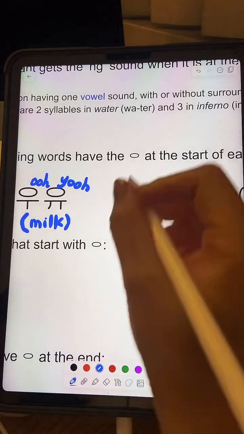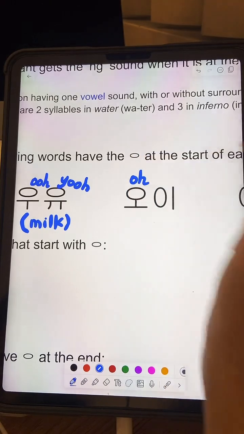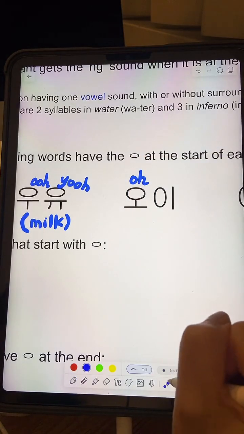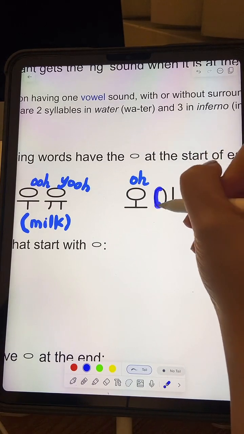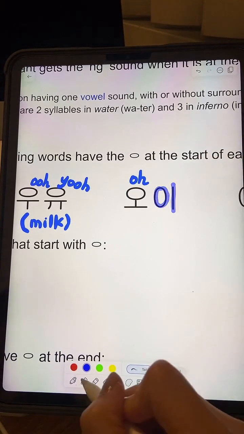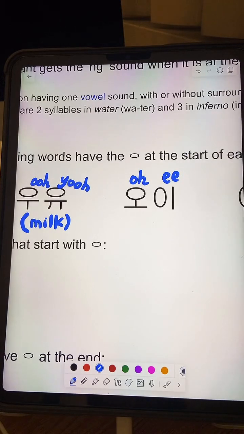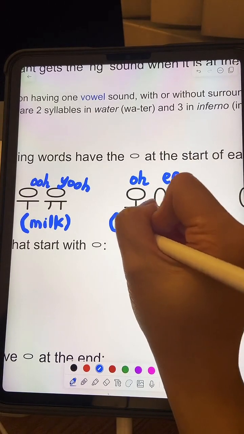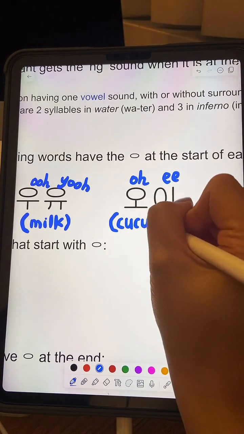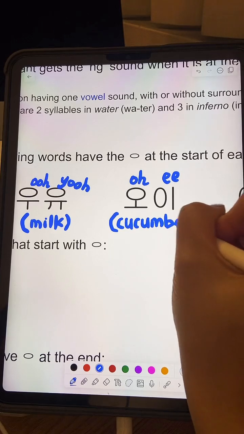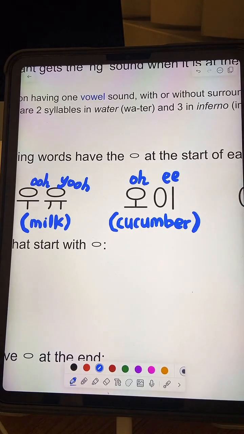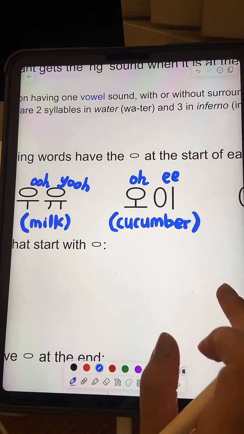We have O. And then silent E. Good. Oi. And you know what oi means? Cucumber. Oi.